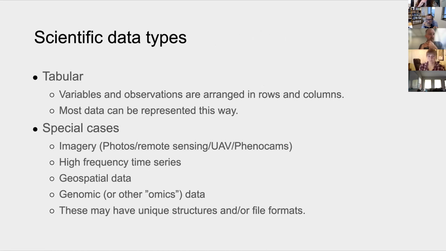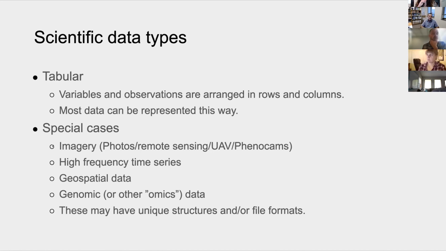So tabular data types are probably the most common in ecology, although they're probably not the greatest volume. But basically a tabular data set is just a table, and you have variables and observations arranged in rows and columns. And most data can be represented this way, most ecological data in any case, but there are special cases.